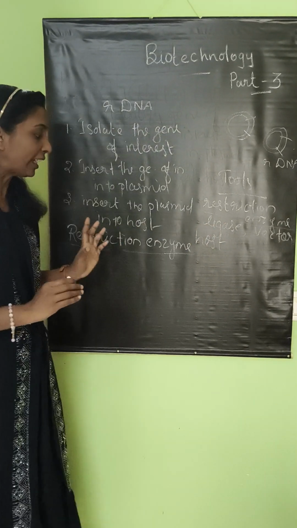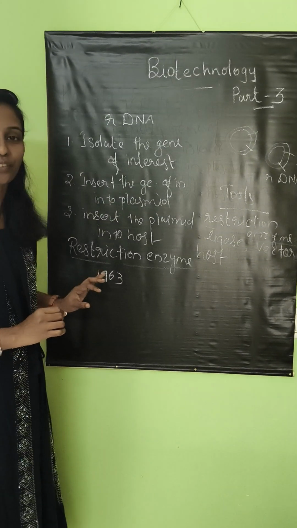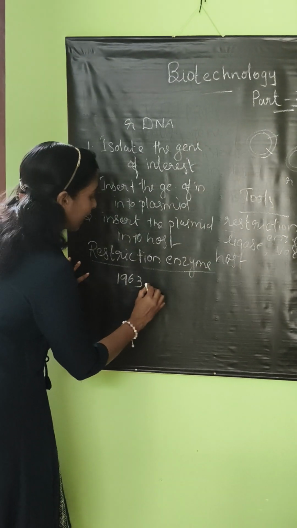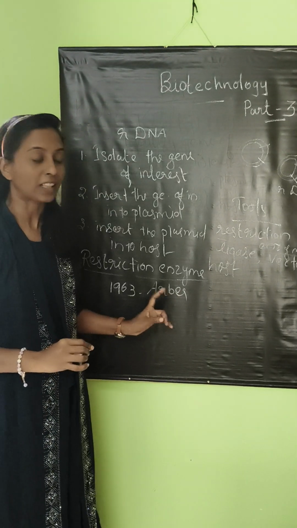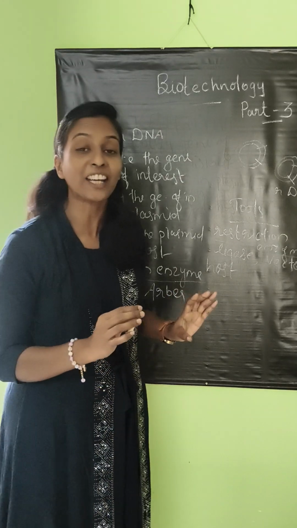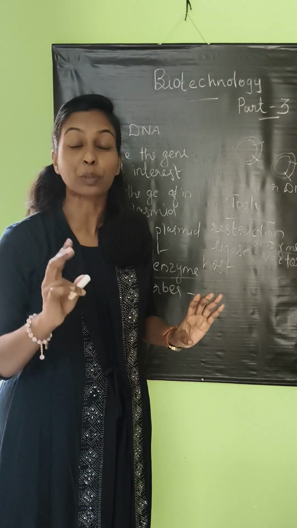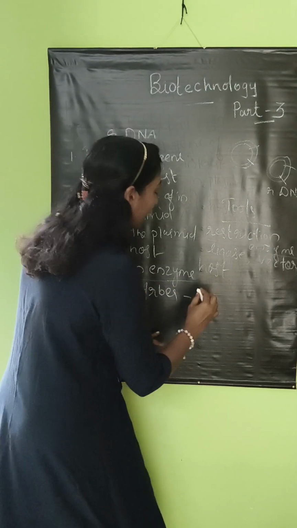At first, in the year 1963, one of the scientists, his name is Arber, introduced the first restriction enzyme. He isolated two different types of restriction enzyme. It is present in E. coli.